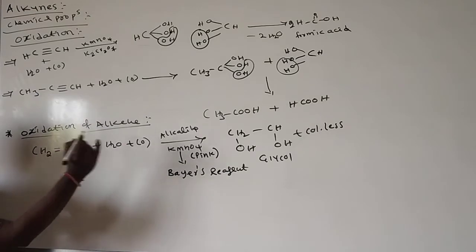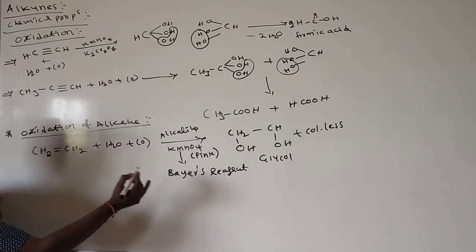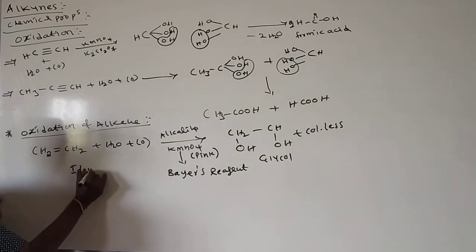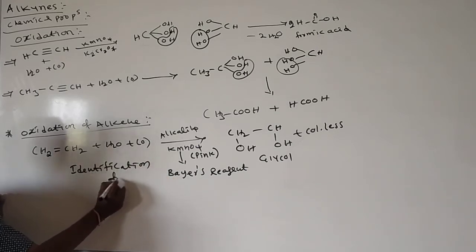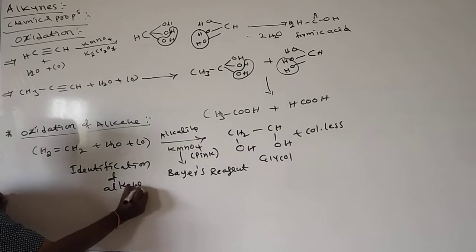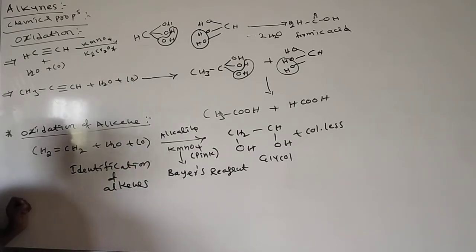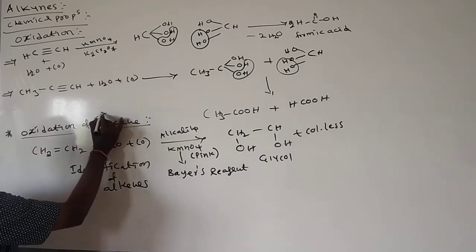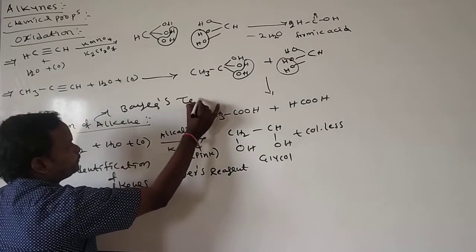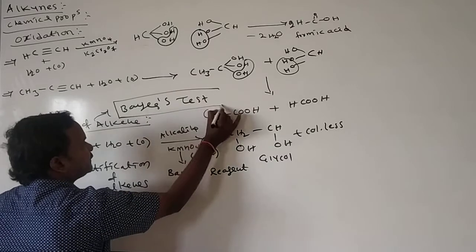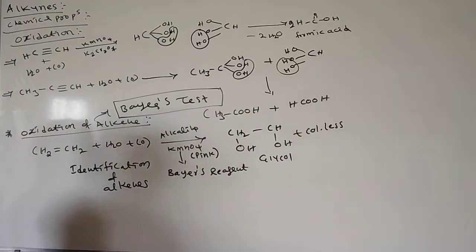That means alkaline KMnO4, Baeyer's reagent, is used for the identification of alkenes. So simply it is called the Baeyer's test.